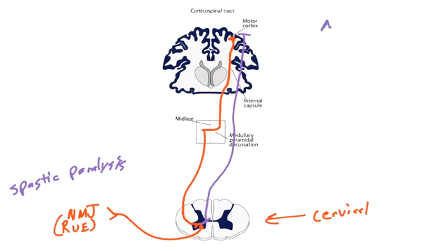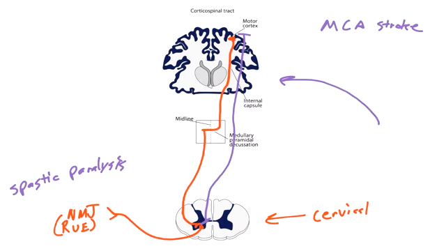However, if I now told you that the patient had an MCA stroke, then where would you identify the lesion? You would then focus your attention on the brain, where strokes occur, and you would think that the lesion happened prior to the decussation. So you'd focus your attention simply on the MCA area or the motor cortex.